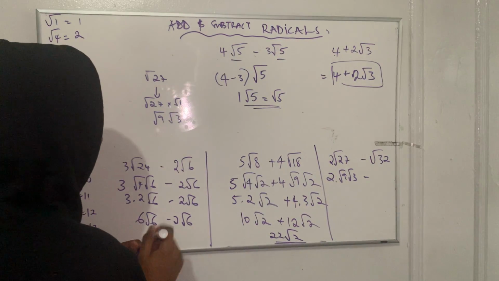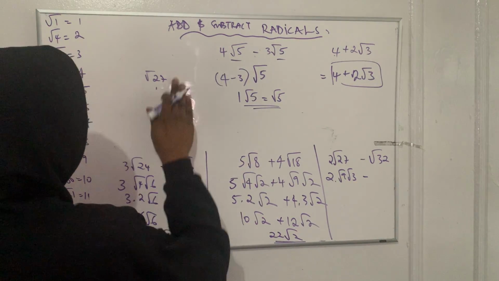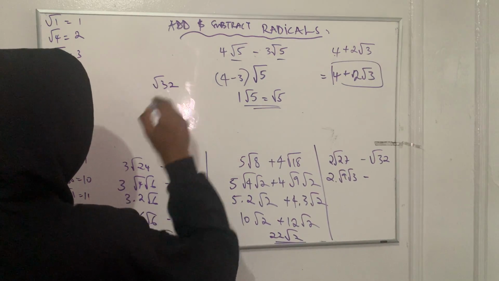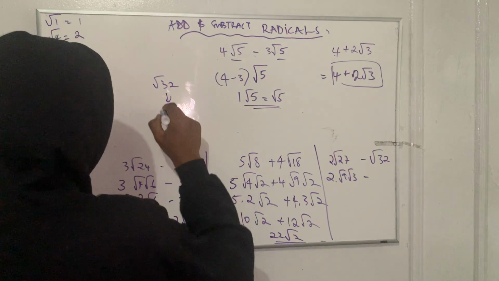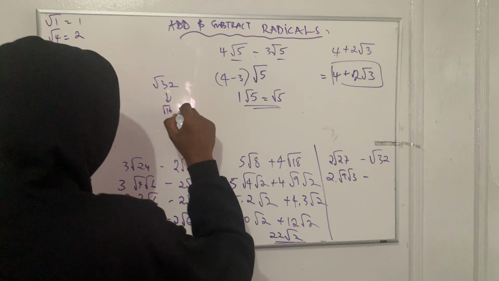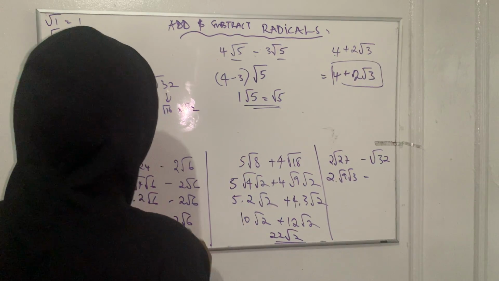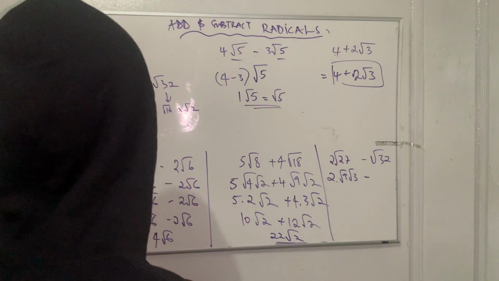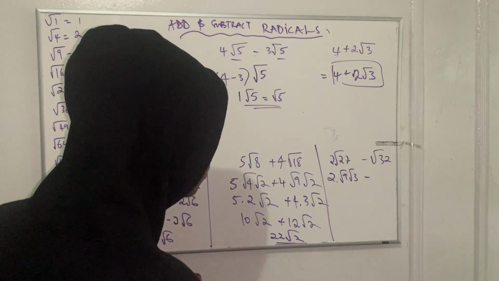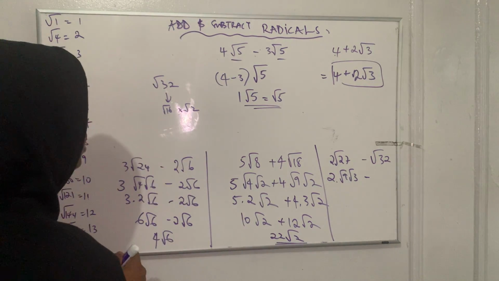What about 32? Let's look for the square root of 32. So we have what? We have 16 times 2, right? What else do we have?